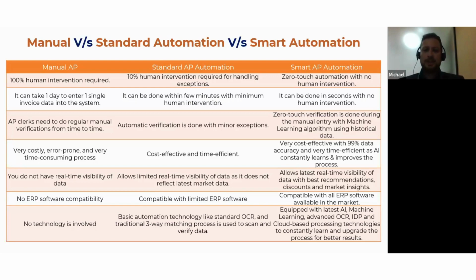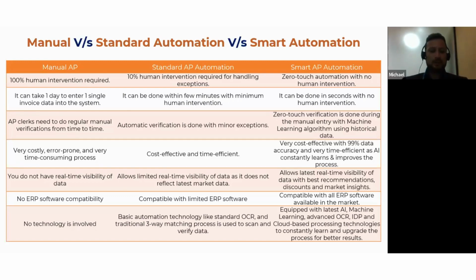But with smart automation, there is absolutely no verification that has to be done, right? The machine literally picks up on various algorithms and uses data to actually improve itself. And each time it does that process, it is more time efficient. And that is the beauty of smart automation right there, guys. It just betters itself every time it gets the process done.